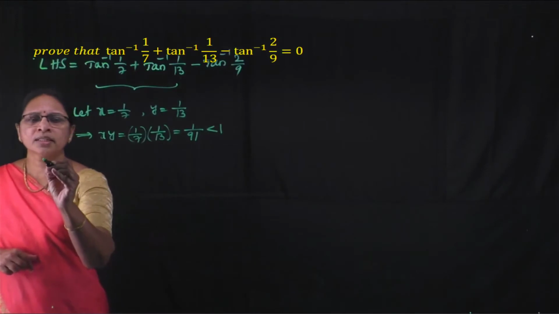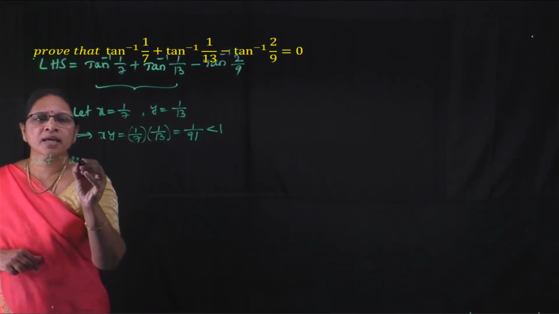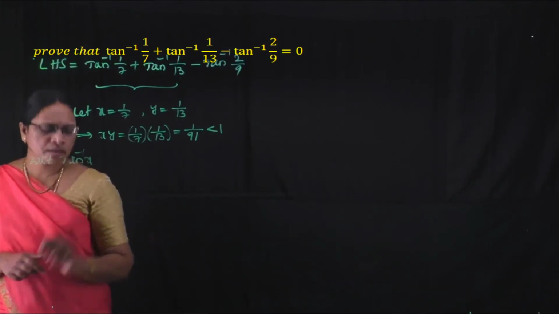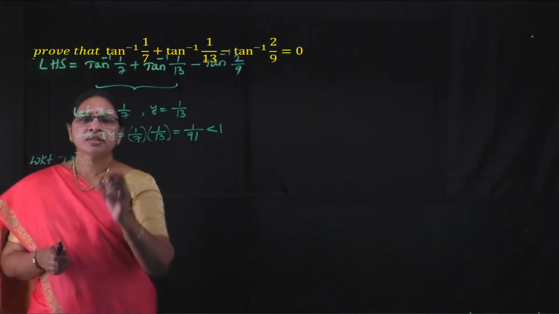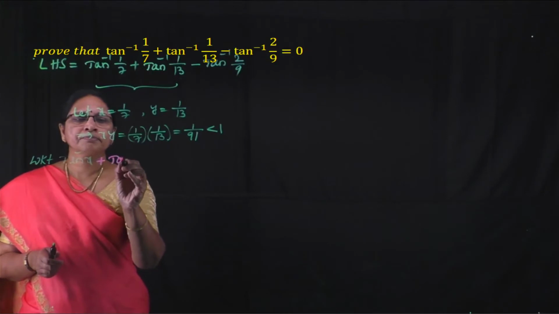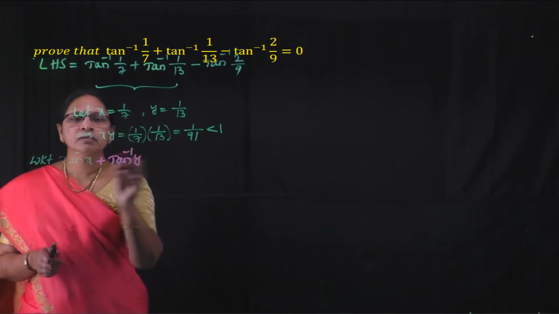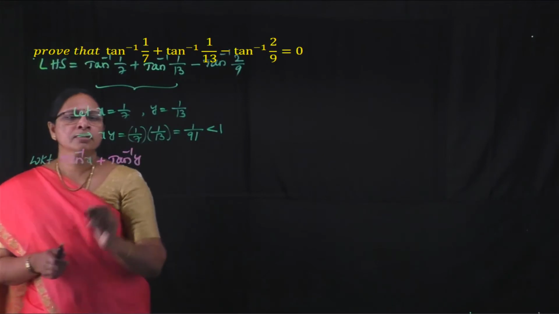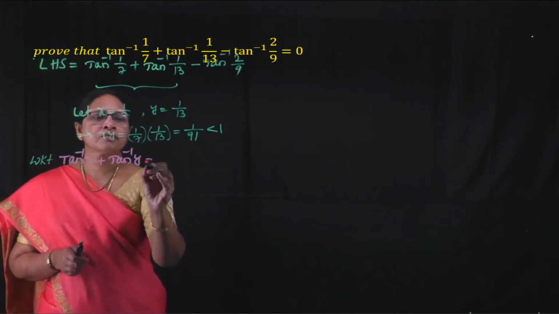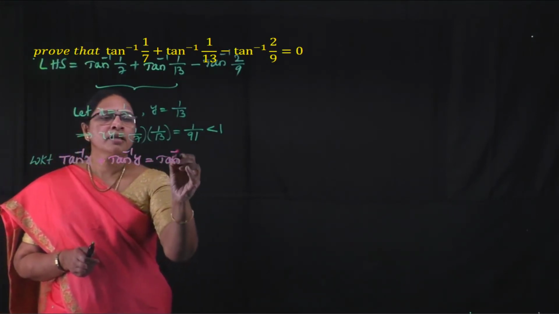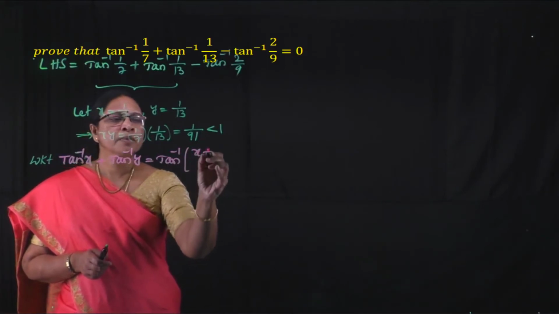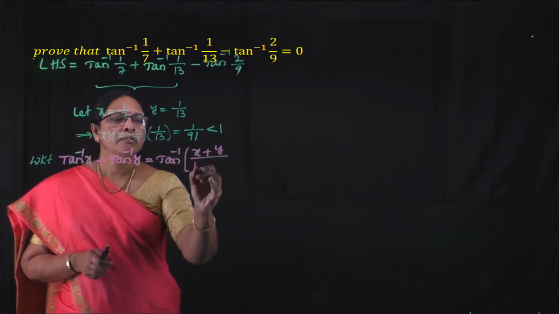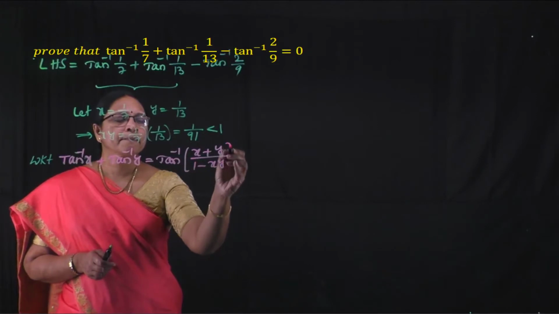We know that the formula for tan inverse x plus tan inverse y is equal to tan inverse of x plus y by 1 minus xy.